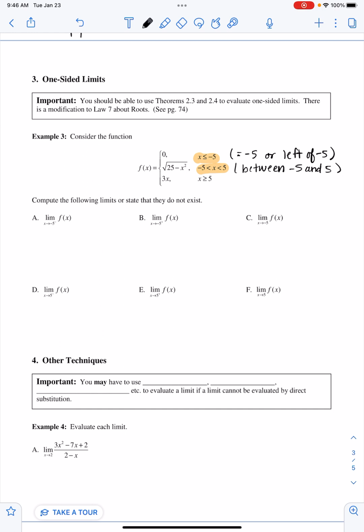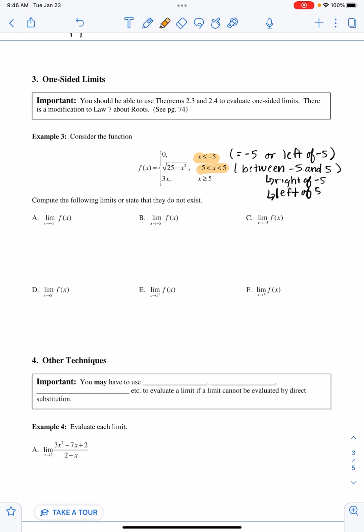Breaking this down a little more, this formula is good if I'm right of -5, and because of the less than 5, that means I'm left of 5. For some reason, my pen doesn't want to write here. There we go. That breaks that part down.